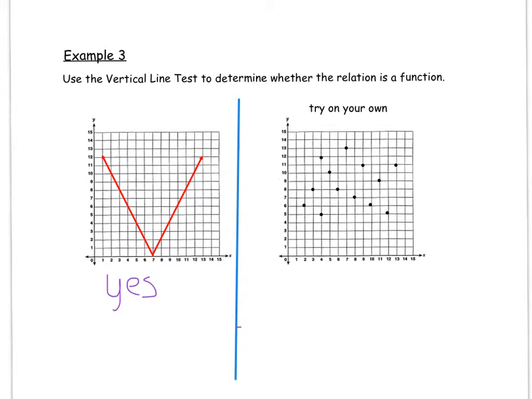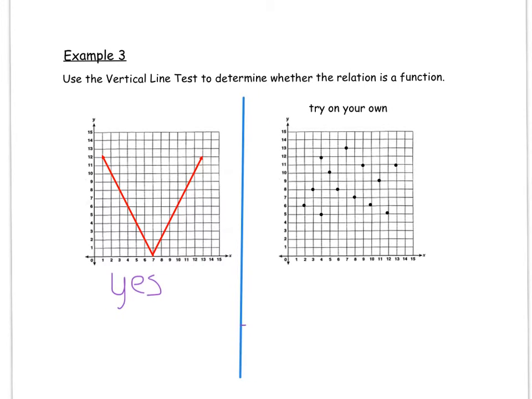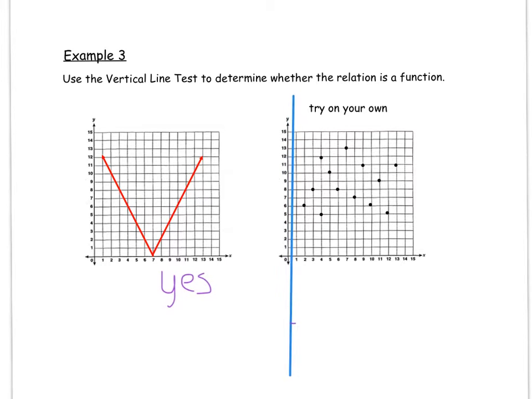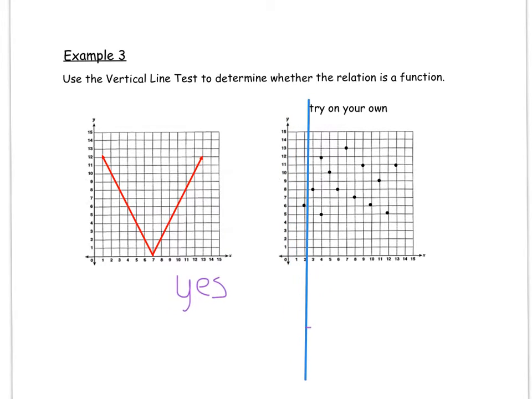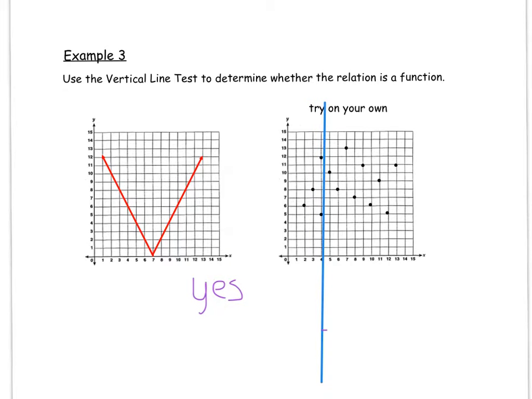So if we go to this one though, as I move it across, here's an x, so when x is 2, there's only one output. When x is 3, there's only one output. But here, when x is 4, there are 2 outputs. I think I was saying that backwards.